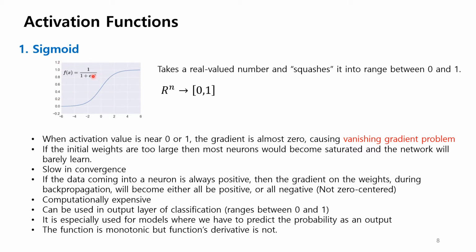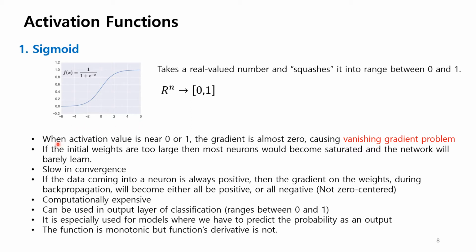It takes input x, and it squashes its output in between 0 and 1. It looks like this. That's the shape of the sigmoid function.